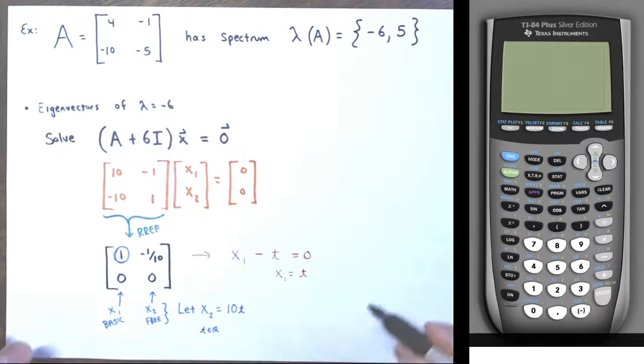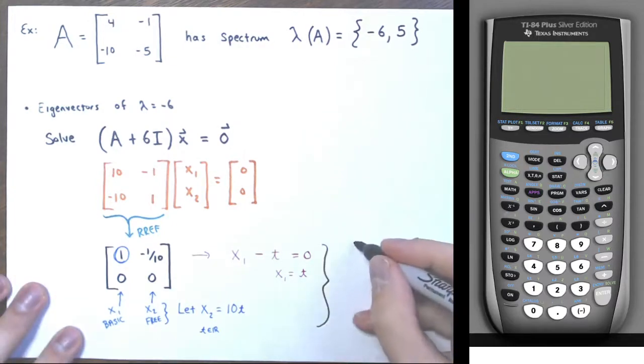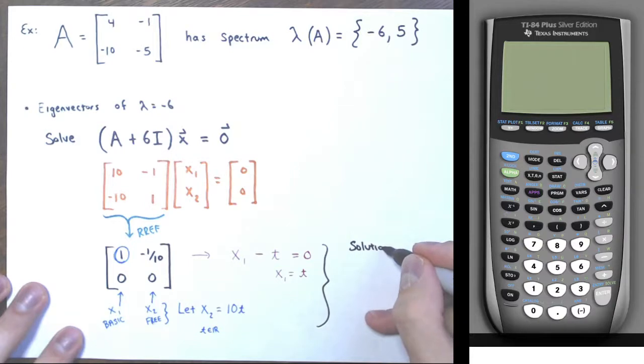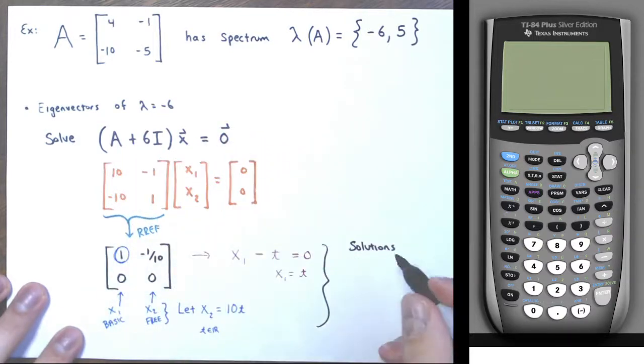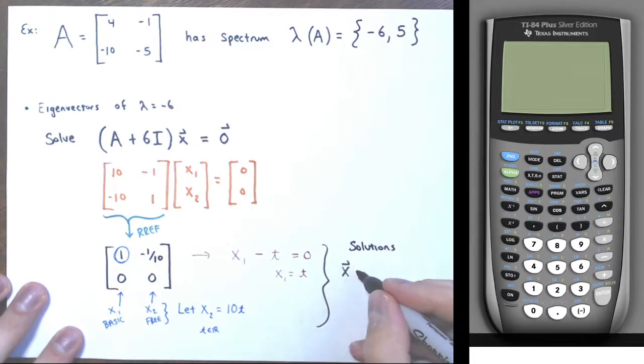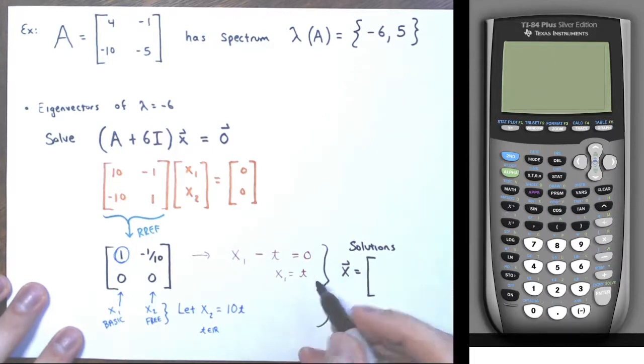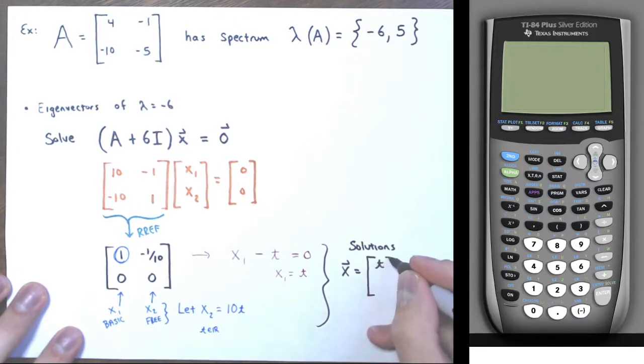All right, and so the solutions to this equation, A plus 6I times x equals 0, the vectors I replace x with will have to look like this, where the first component, x1, is just some value of t that I'm choosing, and the second value, x2, is 10 times that value of t I choose.